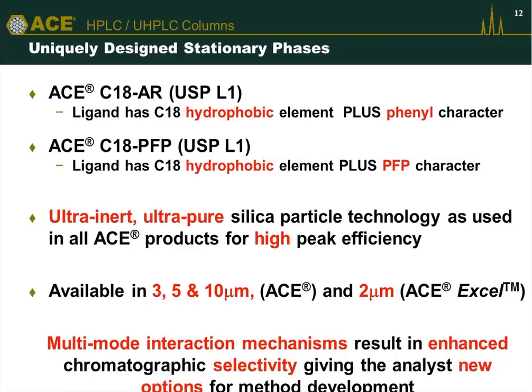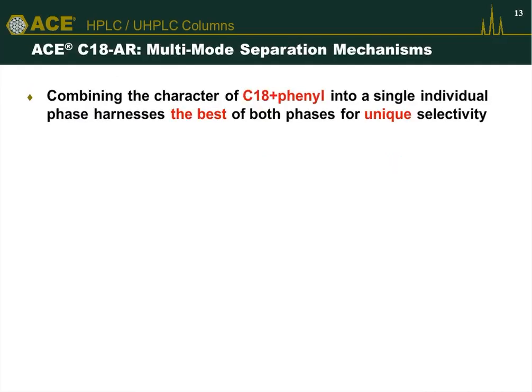And what we're finding, the more we work with these phases, the more the chromatographers out in different industries work with these phases, is these multiple modes of interaction, so the hydrophobic mechanism plus the different ring mechanism interactions, are really making a difference for people when they're starting their method development. These different mechanisms are giving people the power of selectivity when they're screening their samples or starting their method development activities. So let's talk a little bit about mechanisms.